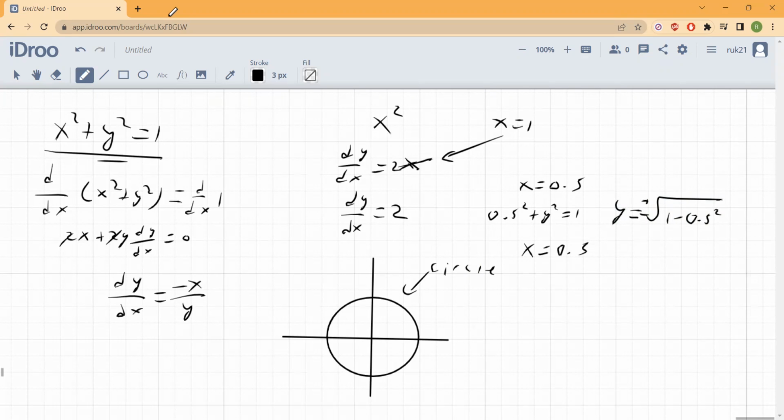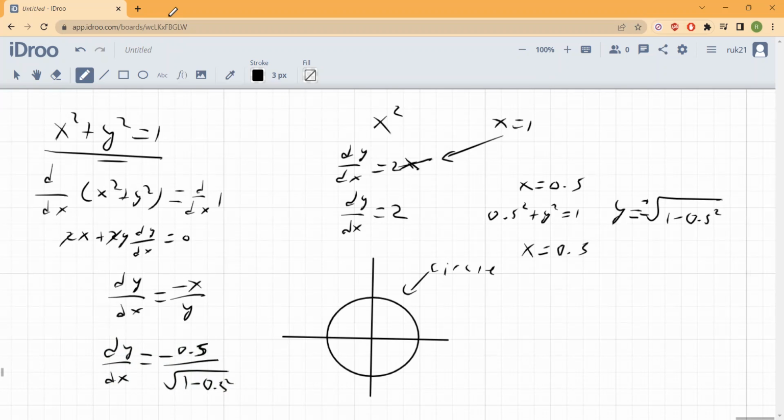So now that we have our two inputs, we can finally find our tangent. How would we find the tangent? Well, now we would just plug in both of our values. So we would get dy over dx is equal to negative 0.5 over the square root of 1 minus 0.5 squared, because that was our y input at that point.